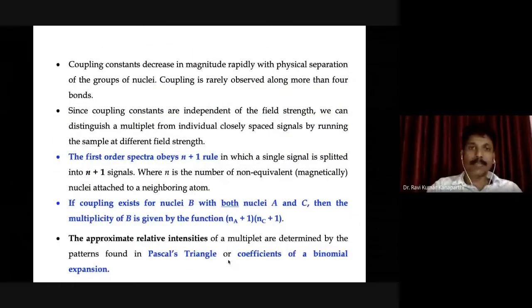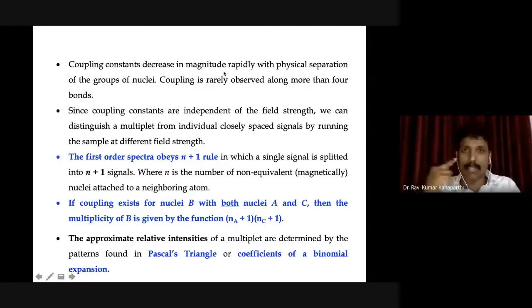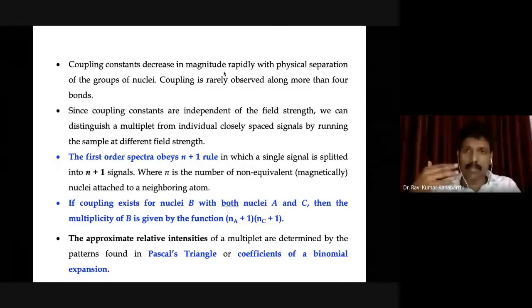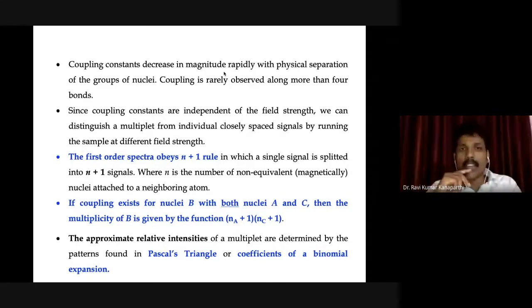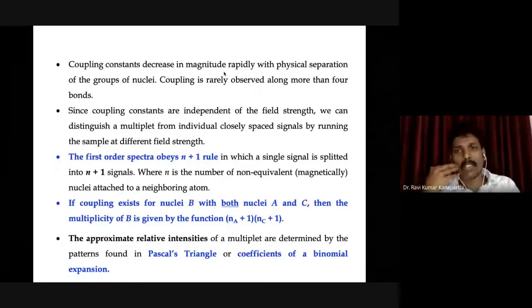Again, this point we already discussed: coupling constants decrease in magnitude rapidly with physical separation. Coupling is rarely observed beyond 4 bonds between any nuclei, and moreover, coupling constants are independent of field strength.